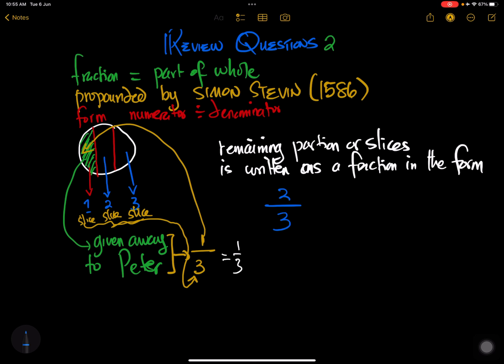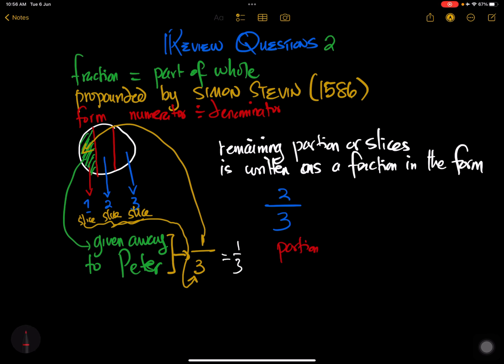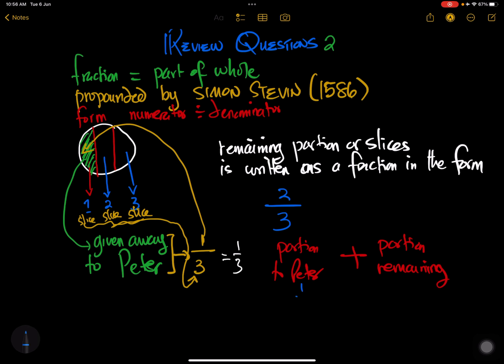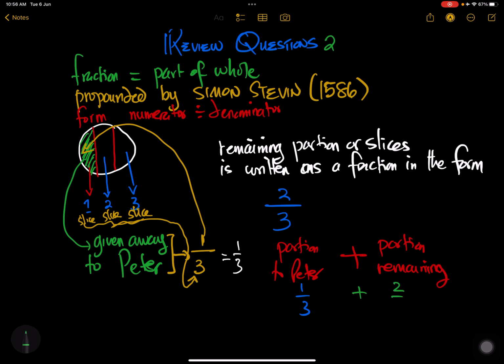So if we look at the portion that was given to Peter, and we add it to the portion remaining, we're going to get the portion of Peter to be 1 over 3, and the portion remaining to be 2 over 3.